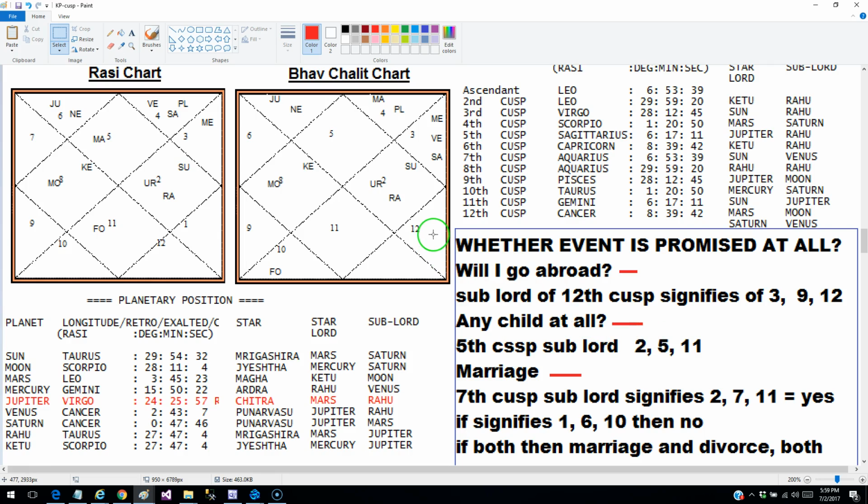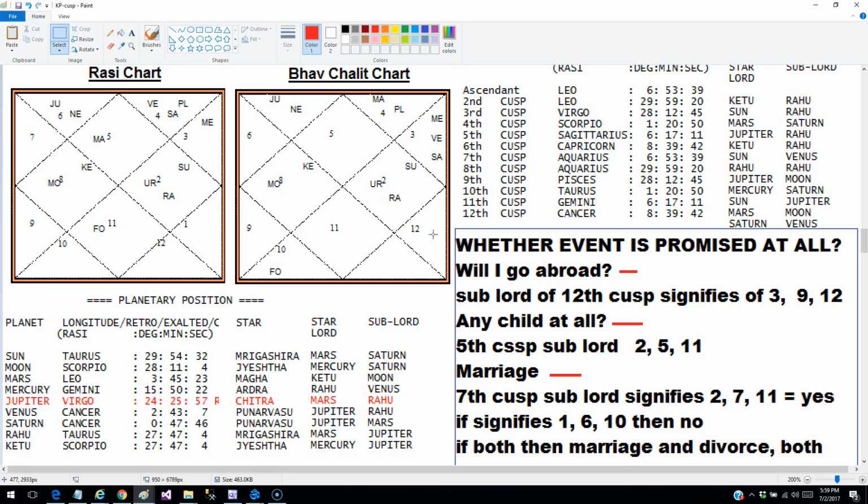There is a sublord of a primary house, and that has to signify some other houses. If that is there, then the event is promised, or we say the yoga is present, and then we proceed and work further. So theoretically, this looks such a logical, rational, and very good approach, neat and clean, and there are no confusions.